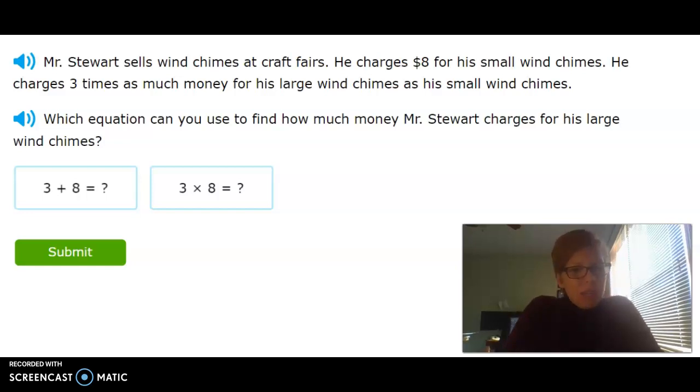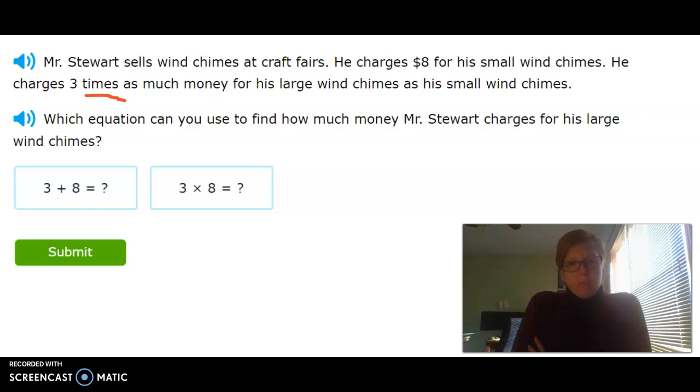Let's go back to the word problem. I'm going to look for some keywords that will help us decide if we're adding or multiplying, and I want you to do that as well. Mr. Stewart sells wind chimes at craft fairs. He charges $8 for his small chimes, and he charges 3 times as much money for his large wind chimes as his small wind chimes. Think that might be a clue for us?